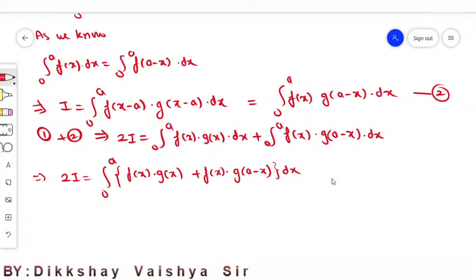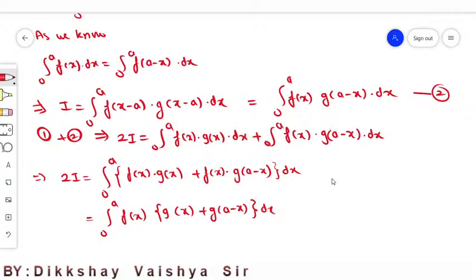Then I can take f of x common, integral 0 to a. Now what will be left? g of x plus g of a minus x dx, right?